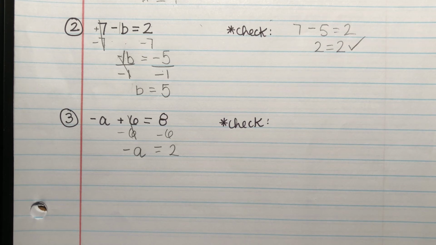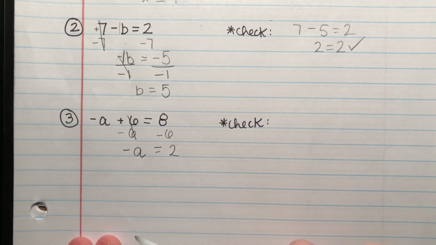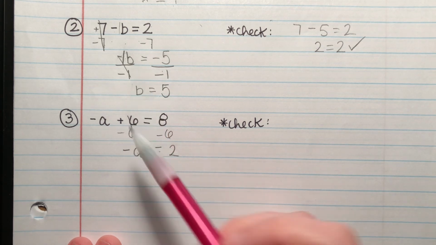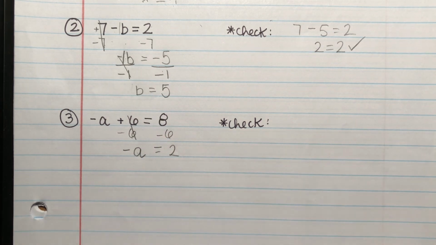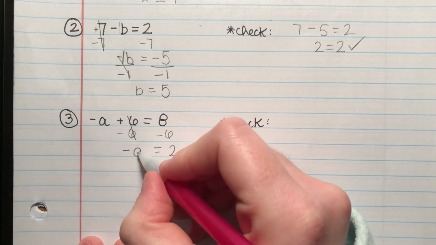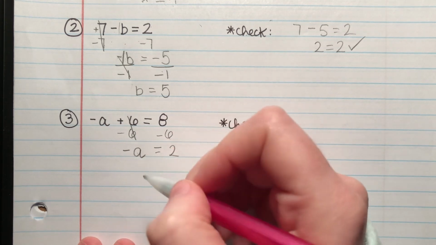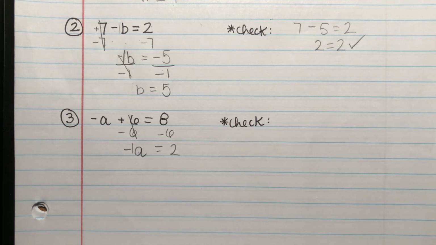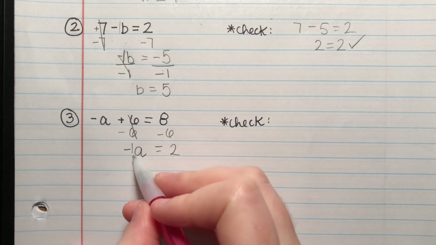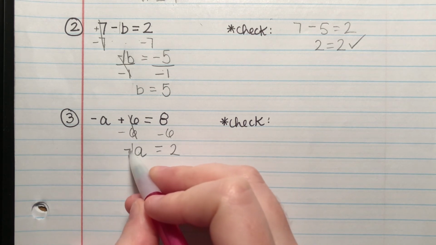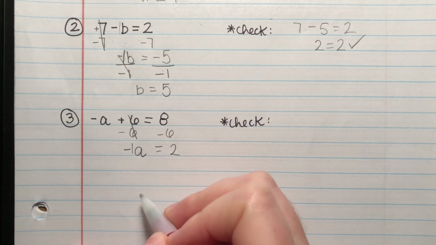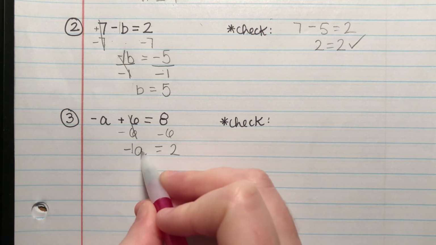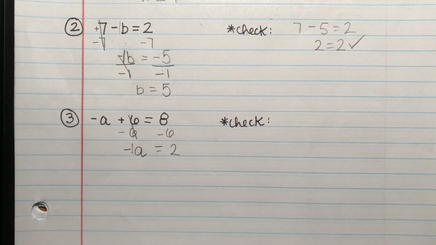All right. Now, remember before when I had a negative b in this problem, it's my responsibility to understand that if I don't have a coefficient here, it's just an understood 1. I should know in my head that there's like a 1 there, but I just can't see it. So how do I get rid of this negative 1 here on this side to get a by itself? Well, they're being multiplied, right? They're attached by multiplication.